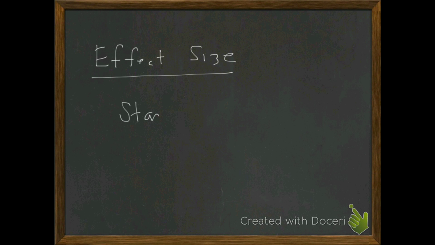Well, guys, enter in what's called effect size. And effect size at the end of the day gives us a standardized measure that can tap into the effect of the study.